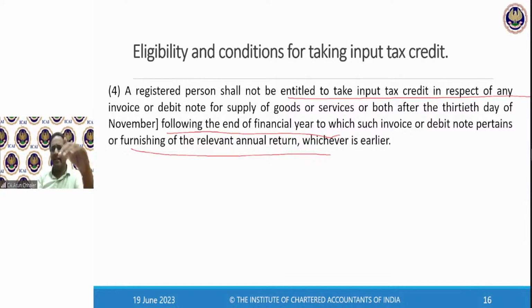So very simple. Earlier it was the concept of the due date of the September month return. So they have replaced this and fixed 30th November, whichever is earlier.